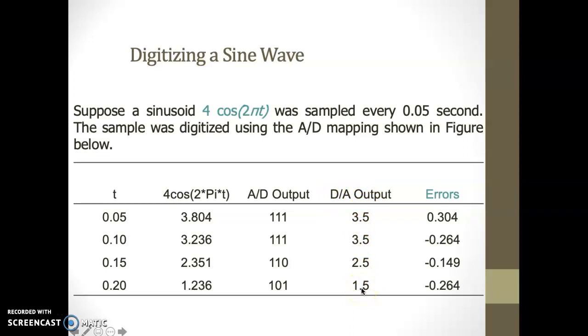As you see, the output is different from the input. We call this difference the error. This is the error that is obtained when you do the quantization.